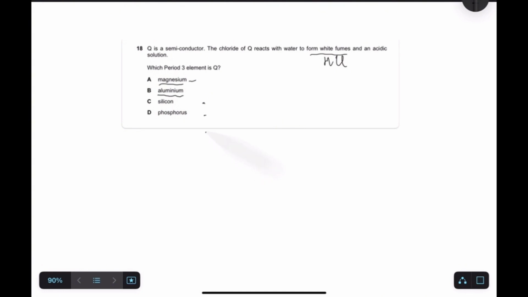So if you write silicon chloride plus water, silicon oxide and HCl are produced. Therefore, it gives the white fumes.